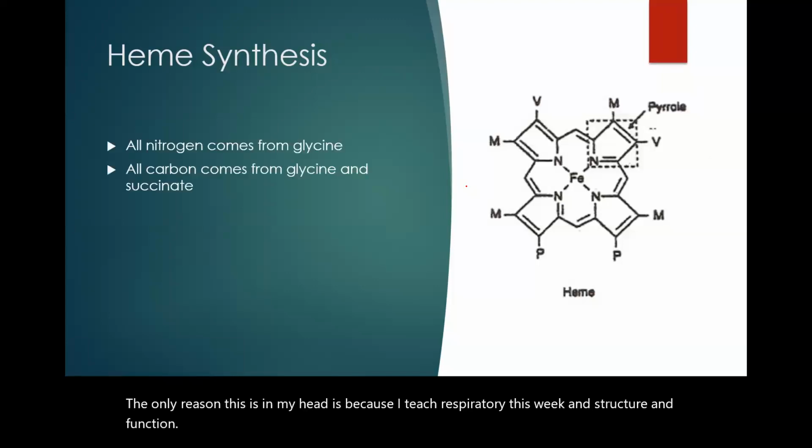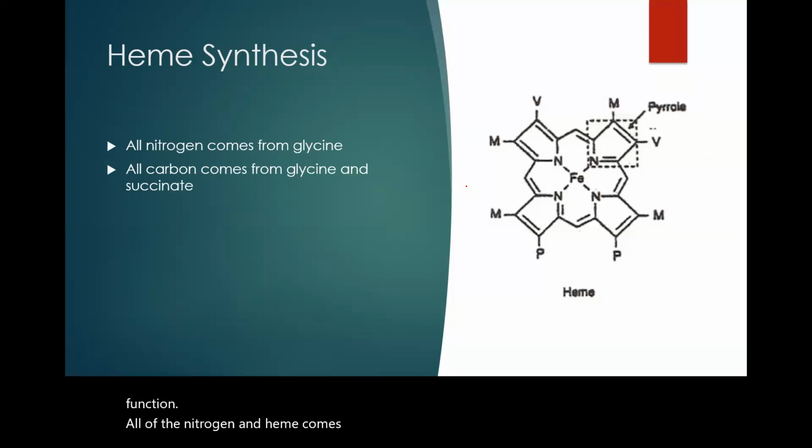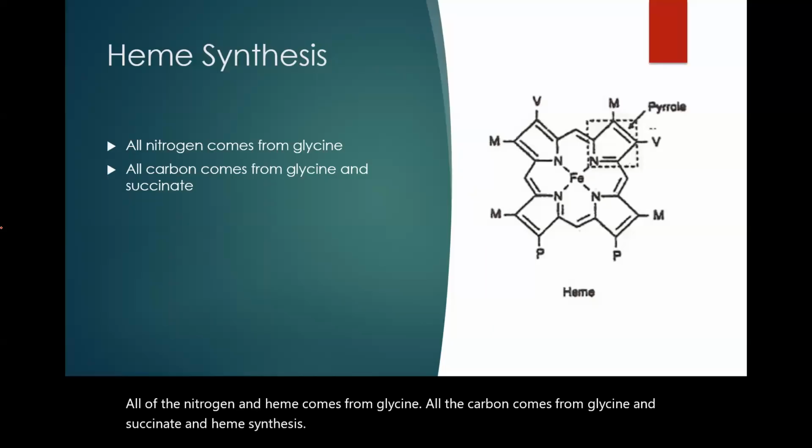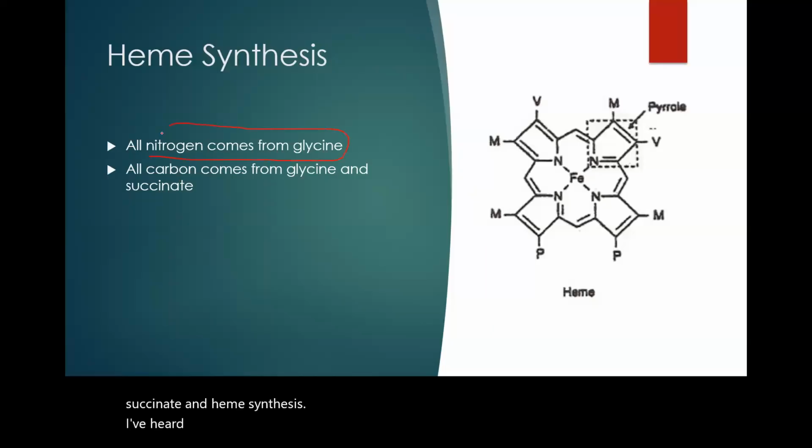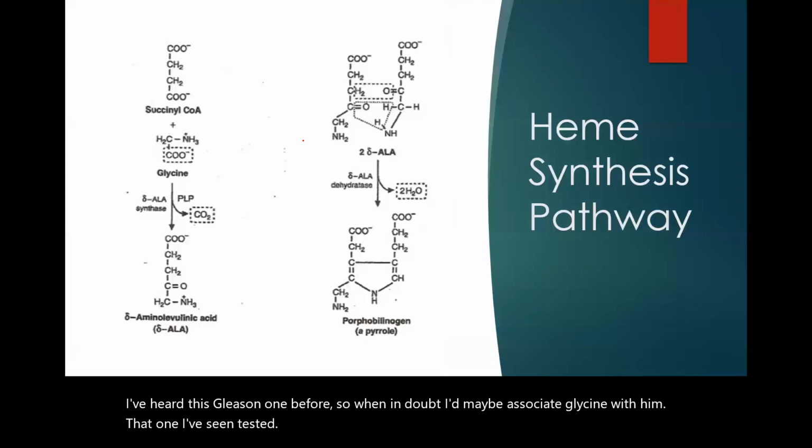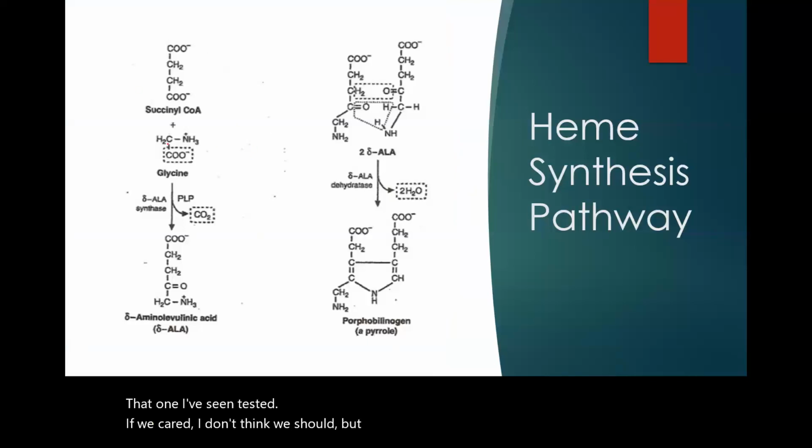All of the nitrogen in heme comes from glycine. All the carbon comes from glycine and succinate in heme synthesis. I've heard this glycine one before, so when in doubt, I'd associate glycine with heme. That one I've seen tested. If we cared, and I don't think we should, this was our heme synthesis pathway.